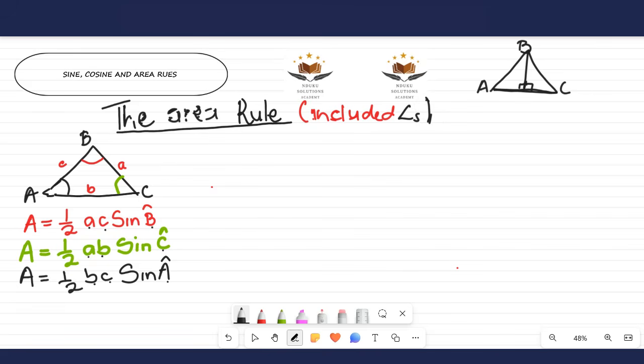So please make sure that when you are using the area rule, you always use the included angle. So the area rule can be used. Let's recap. When you are given two sides and an included angle, then you can use the area rule.